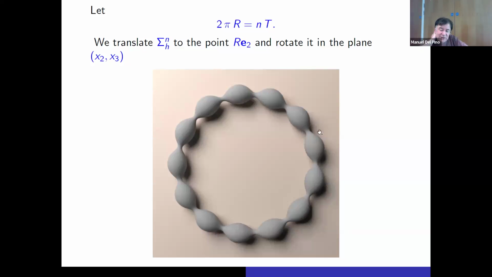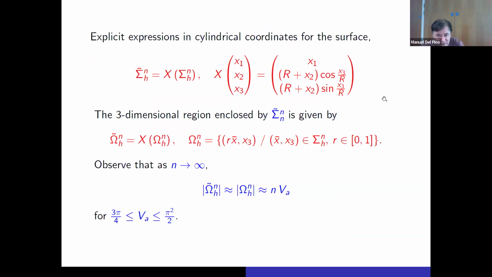So what am I doing? I am translating this sigma n h to the point R times E2, and I rotate the corresponding surface in the plane x2, x3. This is what I am describing. Now, if we want slightly more explicit expressions in cylindrical coordinates for the surface, let me consider this transformation, which is nothing but cylindrical coordinates.